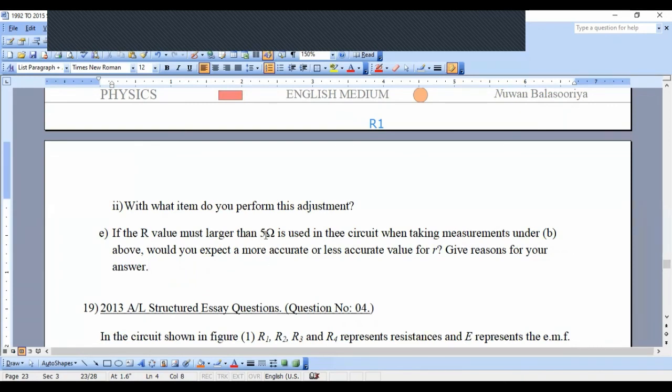So please write: a less accurate value will be obtained.